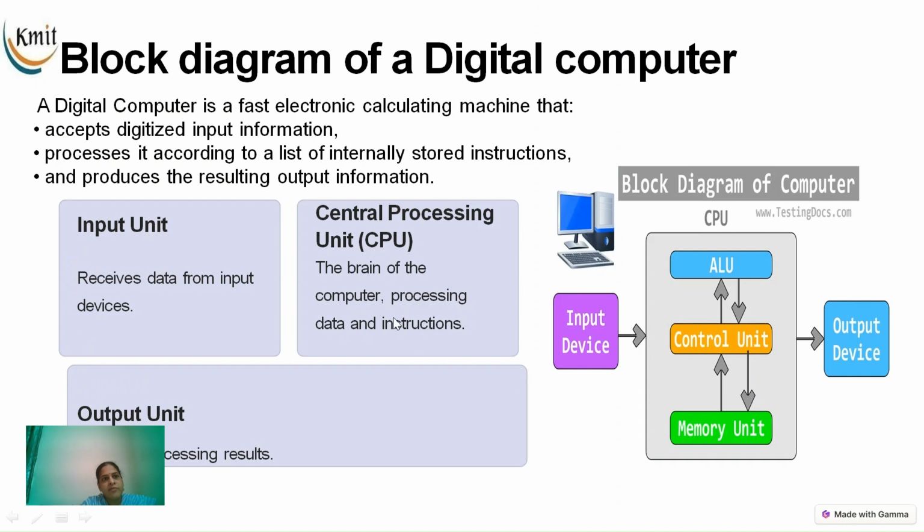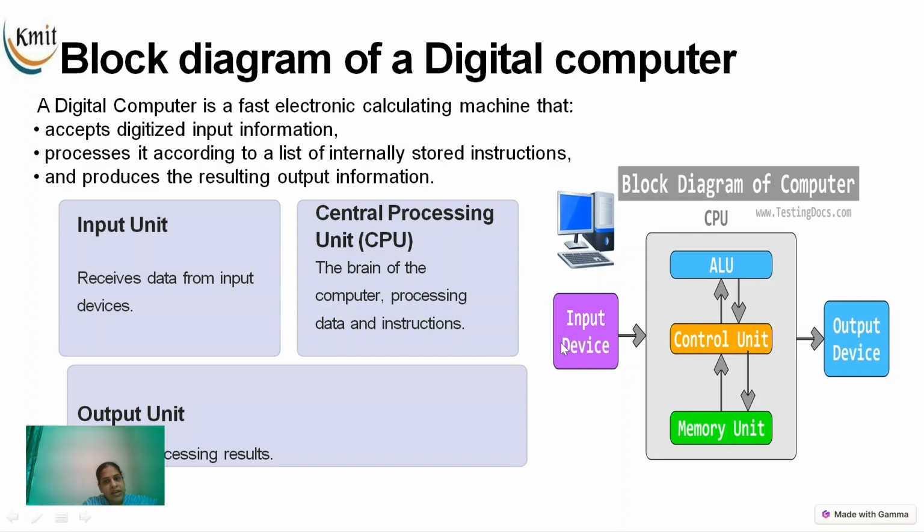Next, coming to the block diagram of a computer, a digital computer is a fast electronic calculating machine which accepts digitalized input information, processes it according to the instructions which are stored internally, and produces the resulting output. If you see the block diagram of a digital computer, it mainly contains three parts: the input unit, CPU, and output unit. Each and every unit is responsible for certain functionality.